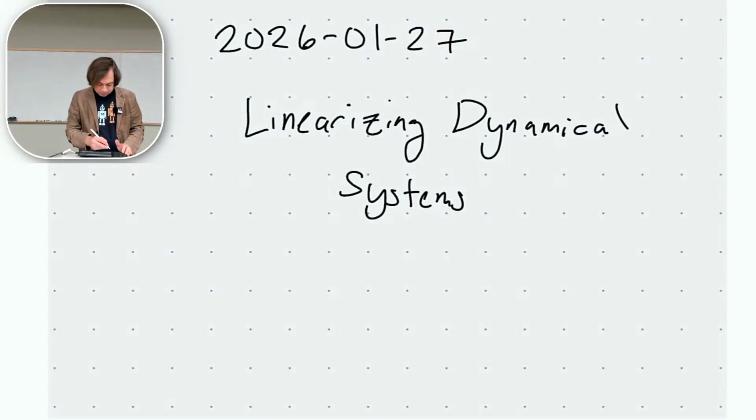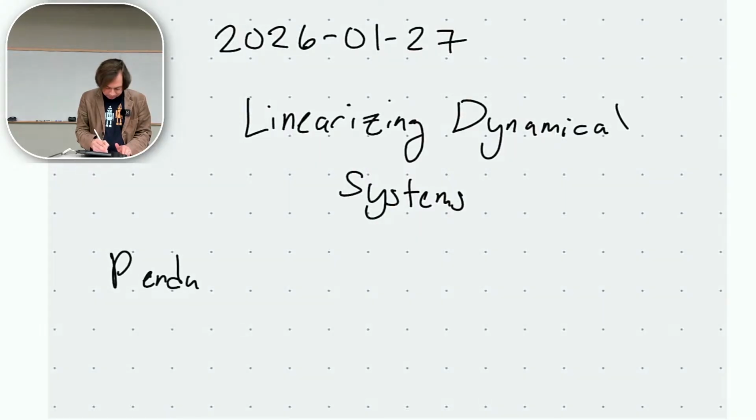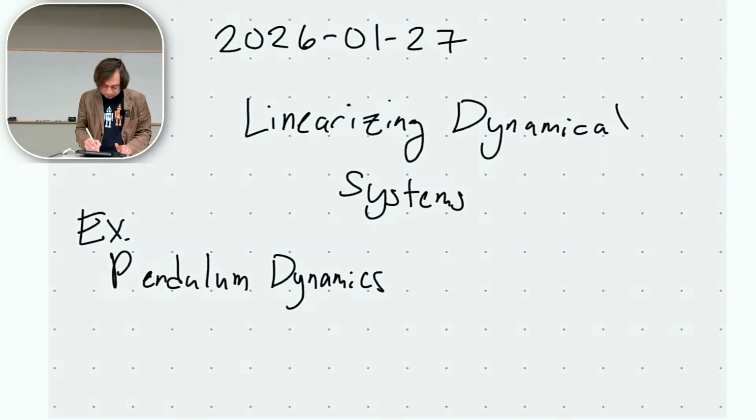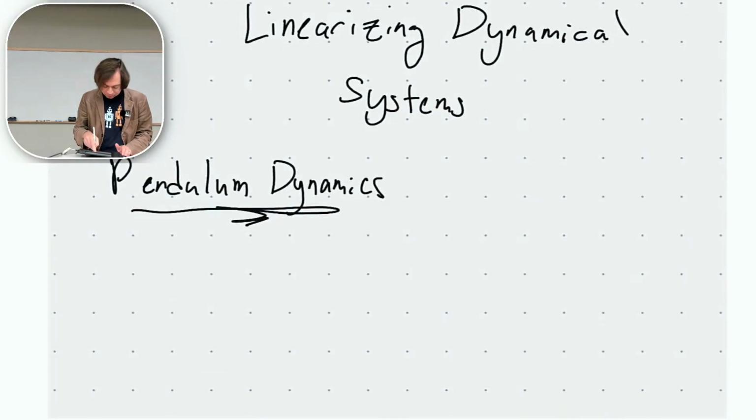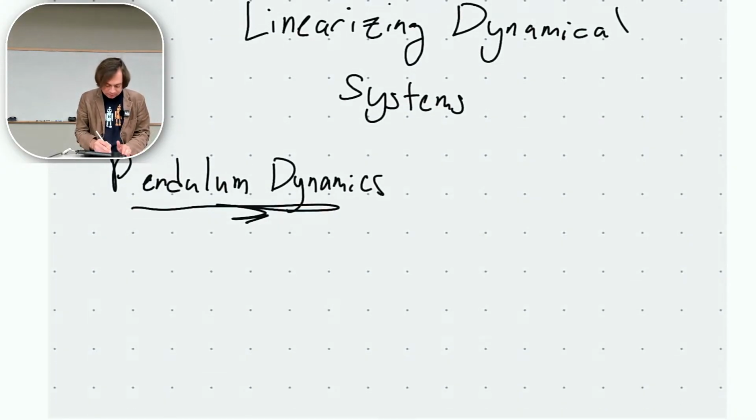So we had pendulum dynamics as an example. And I swear we'll do things other than pendulums soon. But controls people love it. It's a nice, simple example of a particular kind of system.